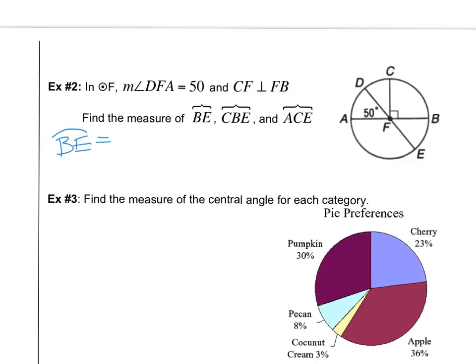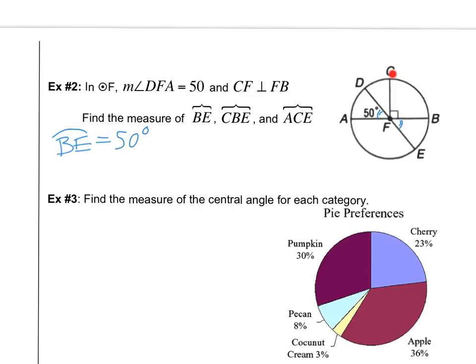So BE, what does BE equal? Well, I notice that BE's central angle is right here, and it's vertical to this angle. So I can mark both of these angles as congruent. So they're both 50, therefore their arc measures are both 50, so BE is 50 degrees. What about CBE?